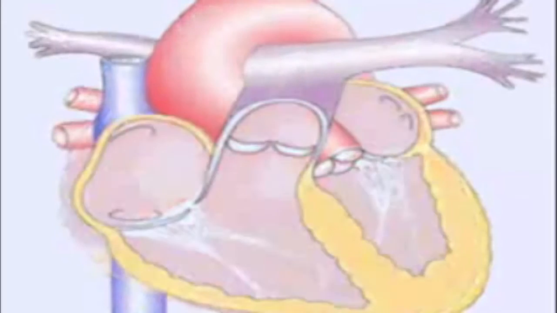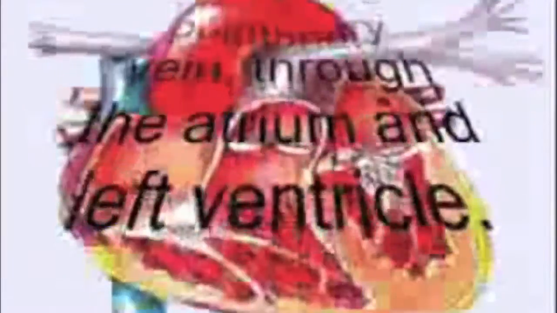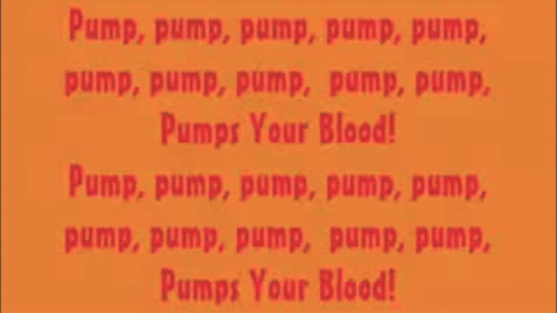Pump, pump, pumps your blood. The right atrium's where the process begins, where the CO2 blood enters the heart. Through the tricuspid valve to the right ventricle, the pulmonary artery and lungs. Once inside the lungs, it dumps its carbon dioxide and picks up its oxygen supply. Then it's back to the heart, through the pulmonary vein, through the atrium and left ventricle. Pump, pump, your blood.